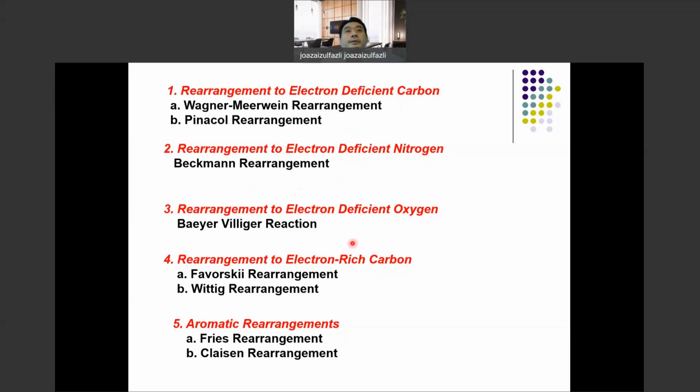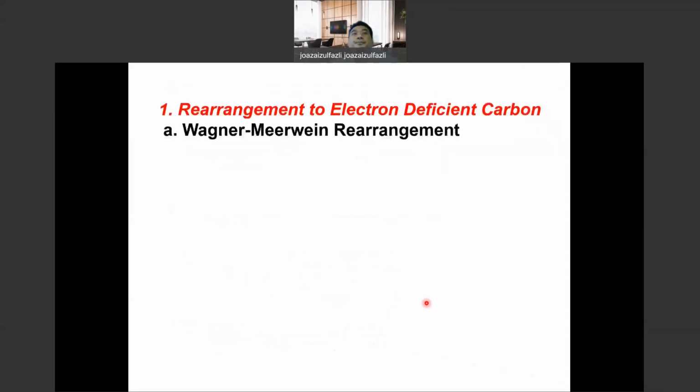Third, rearrangement to electron deficient oxygen, where we look at the Baeyer-Villiger reactions. Then rearrangement to electron-rich carbon, where there are two rearrangements we consider: Favorskii and Wittig rearrangements. And finally, aromatic rearrangements, where we look at Fries and Claisen rearrangements.